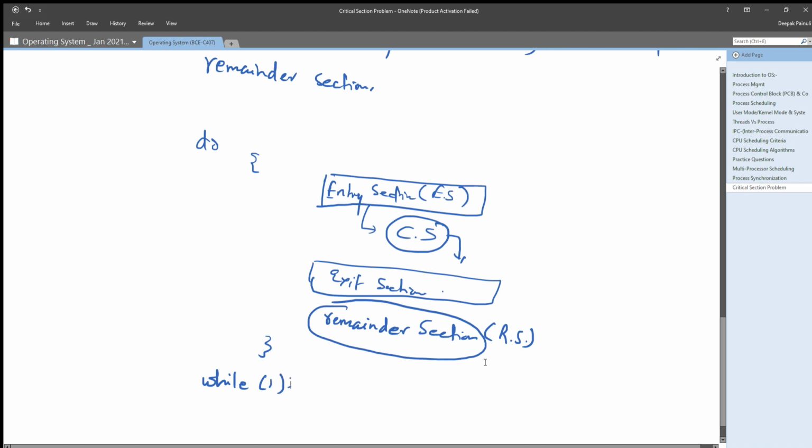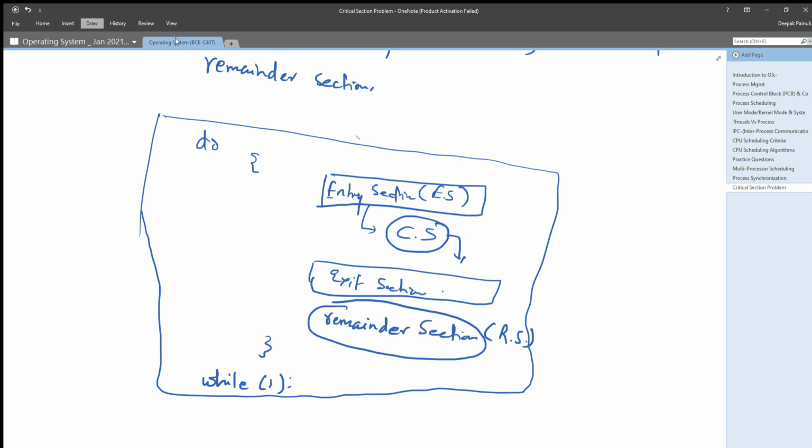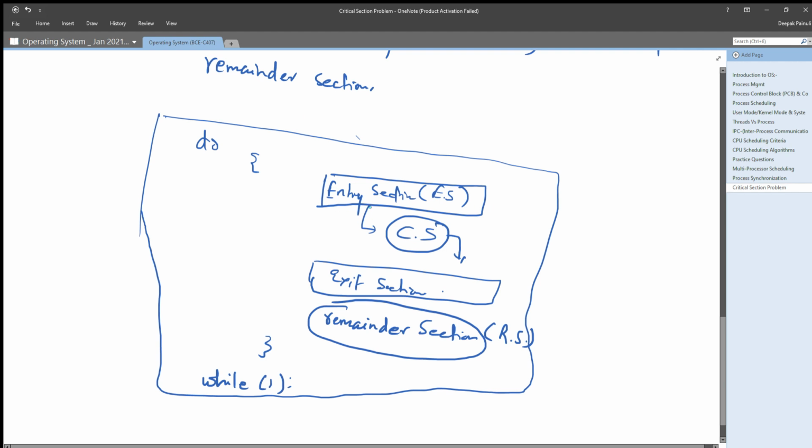In the code, any process which wants to execute its critical section will first ask to enter the critical section, right? And after getting permission from the OS, it will get inside the critical section. It first asks for the permission from the OS at the entry section. The code section where it is asking for permission is called the entry section, right?